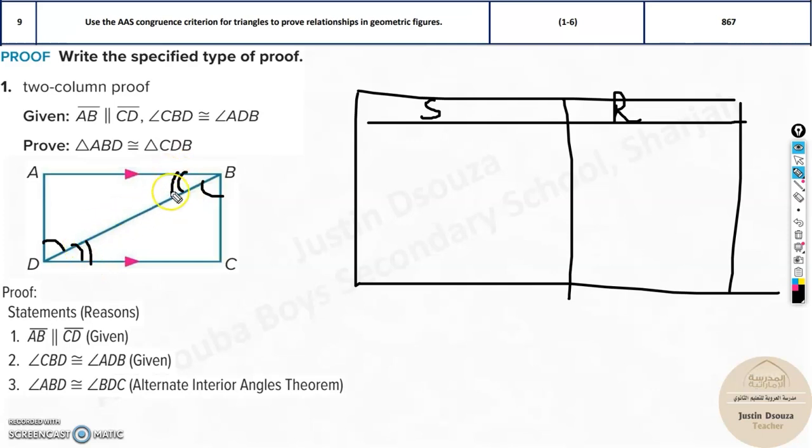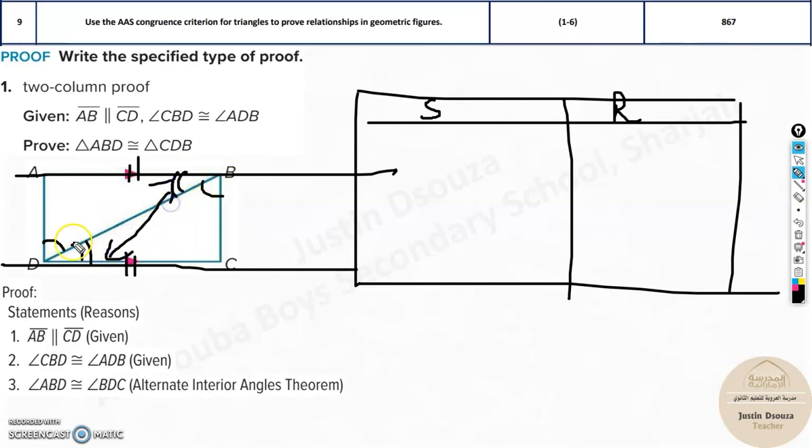This will be congruent because they are inside the two parallel lines, and because it is mentioned that this is parallel, only then can we use this theorem, otherwise no. Now because they're inside and alternating, on opposite sides, and this was already given, we got two angles equal, side to side.